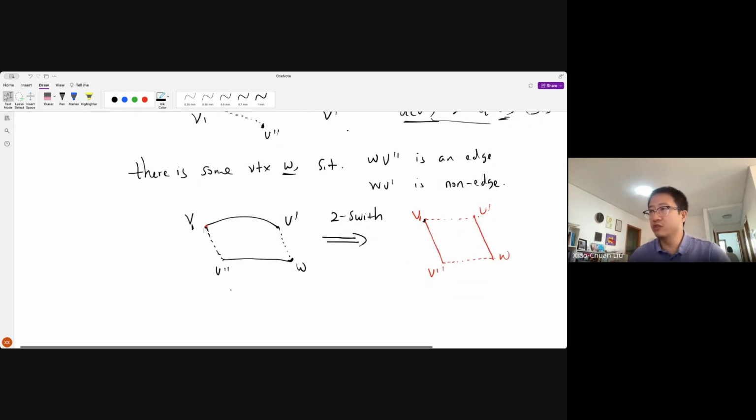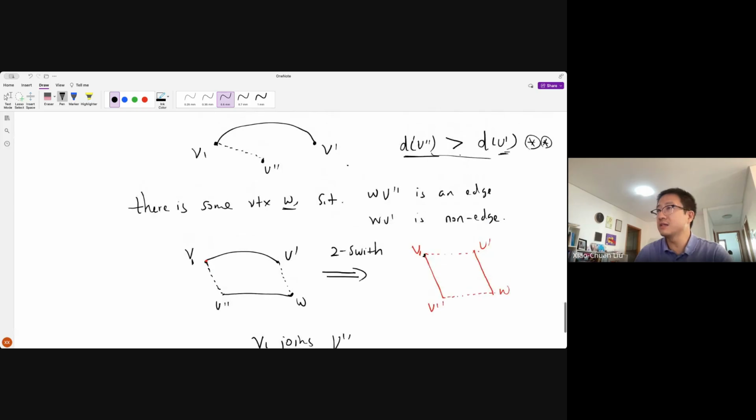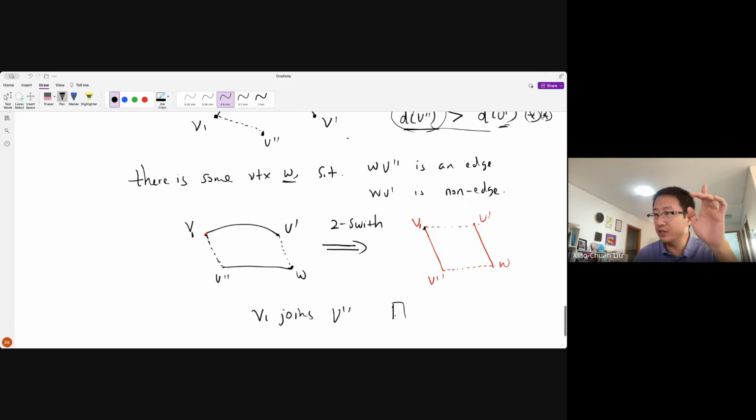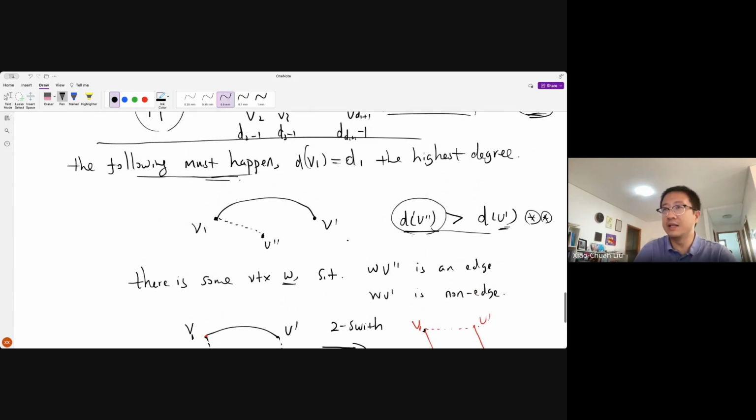But after this two switch, V1 now joins V prime prime, which has strictly higher degree. And we finish one step. Then we look at this graph again. If this situation happens somewhere else, and at most we do this a finite number of times, we can eliminate all such situations.